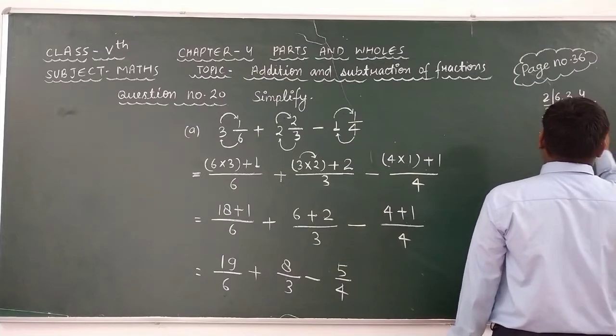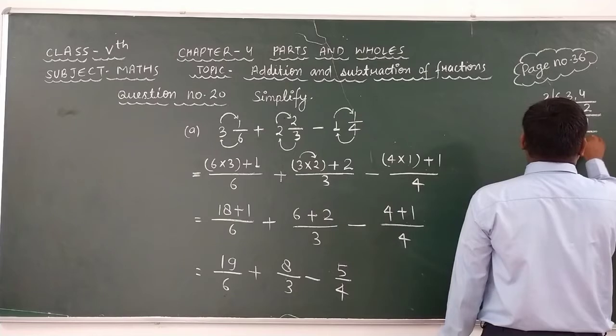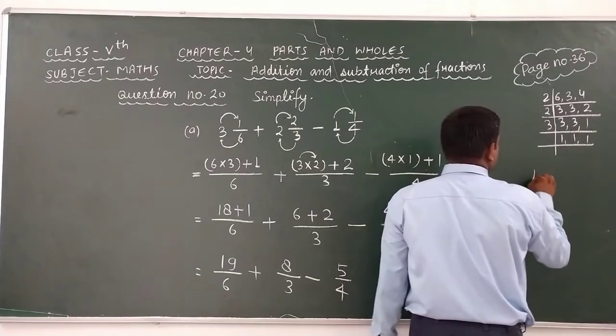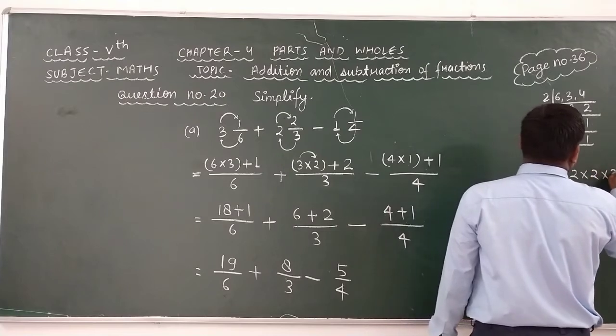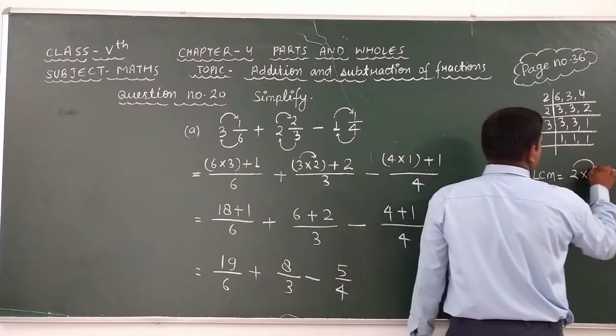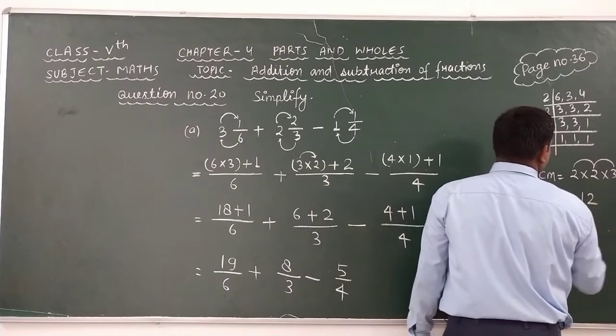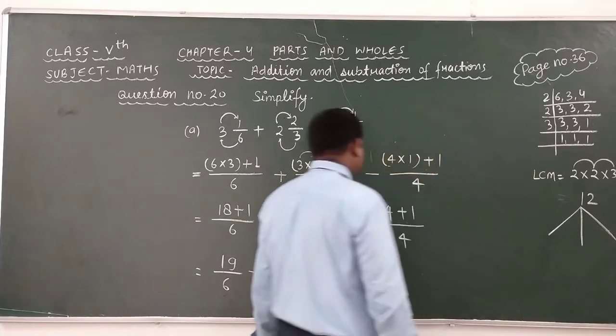Here we can take 1. Again 3 3 1 is 3, 1. Then LCM is equal to 2 into 2 into 3. 2 3 is 2 2 is 4, 4 3 is 12. Here we get 12. Okay, look at here carefully.